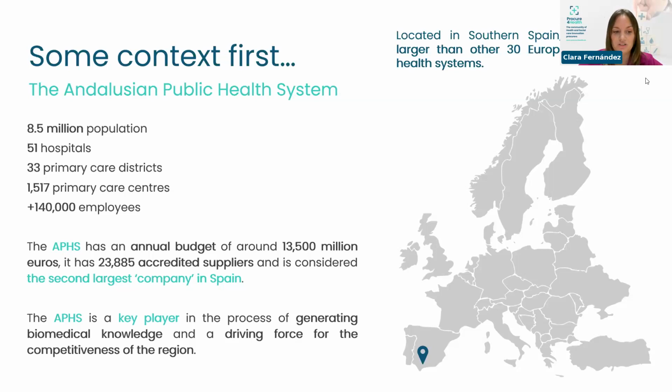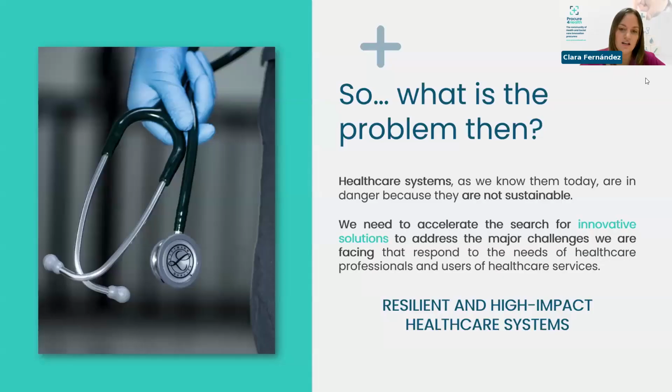So it is considered to be the second largest company in Spain, just behind the army. This makes the Andalusian public health system a key player in the process of generating biomedical knowledge and a driving force for the competitiveness of the region.